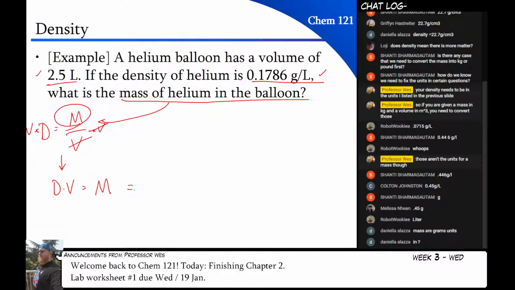So now we can enter density and volume right out of the problem. We just multiply them together. That's how we're going to get mass. So density was this number, grams per liter. And the volume was this number. And what do you notice about volume on the top and the bottom? Well, they cancel out. And so when you type this in your calculator, the only unit that's going to be left over is grams.